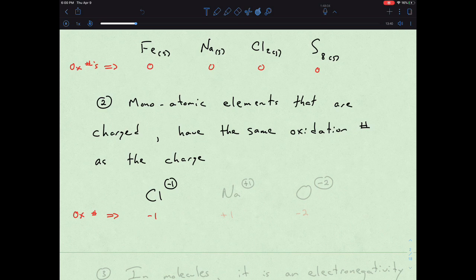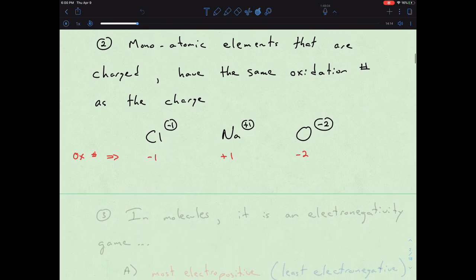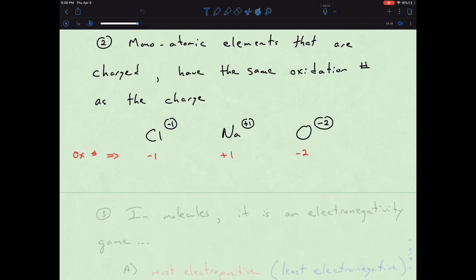Or if we had sodium +1, now we have that +1 oxidation number. And we can do that with a bunch of these. Oxide -2 has a -2 oxidation number. So monoatomic elements that are charged, well, guess what? That is the oxidation number. So we've really been talking about oxidation numbers for a while in the sense of that charge idea.